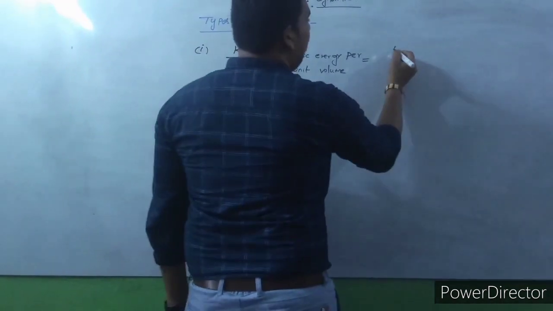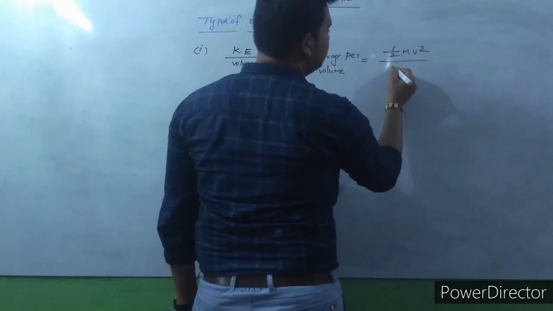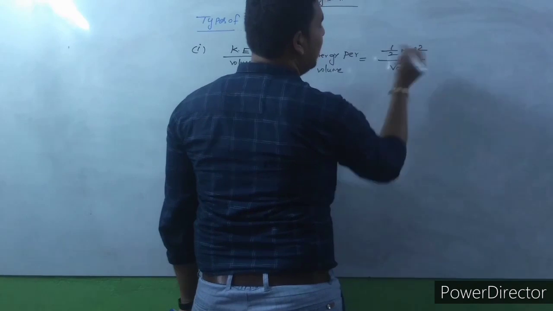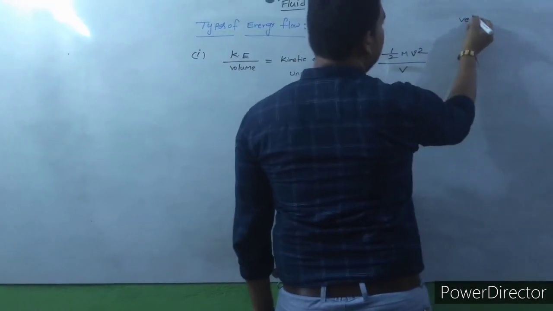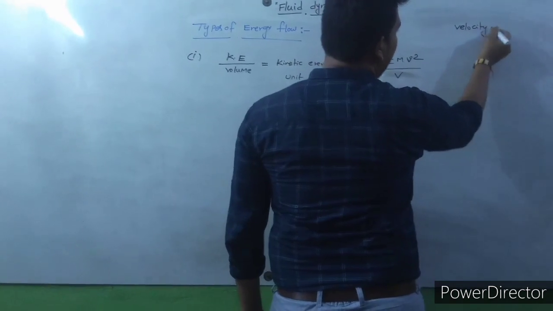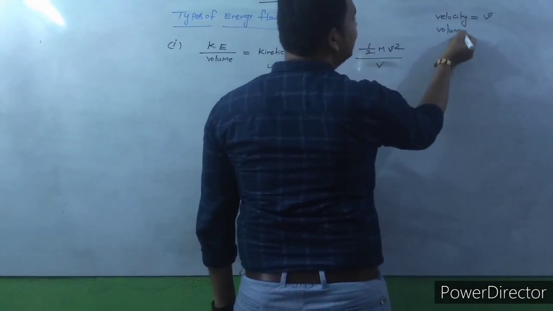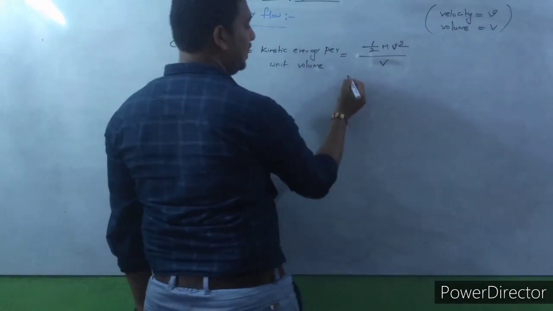Kinetic energy means half mv square by volume. Here velocity is indicated with small v like this, observe carefully, don't be confused, and volume is indicated with capital V like this. So half mv square by V.